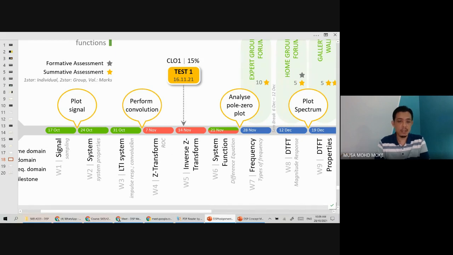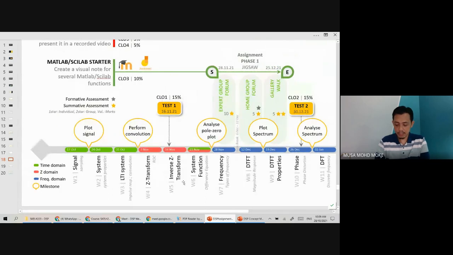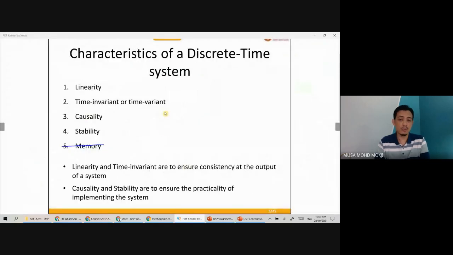Next week we will start our journey on the system that we want to design, which is what we call the LTI system. But before that, a linear and time invariant system, we need to understand the basics of a discrete time signal and a discrete time system, and the difference between signal and system. That is what we do in these two weeks.